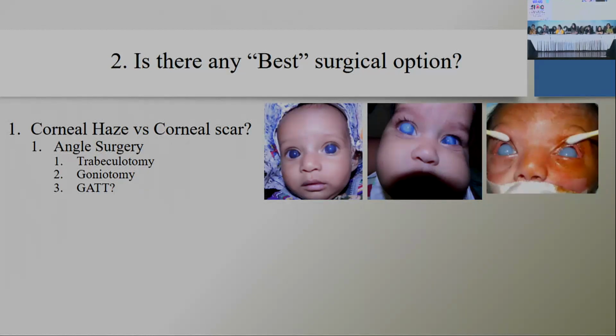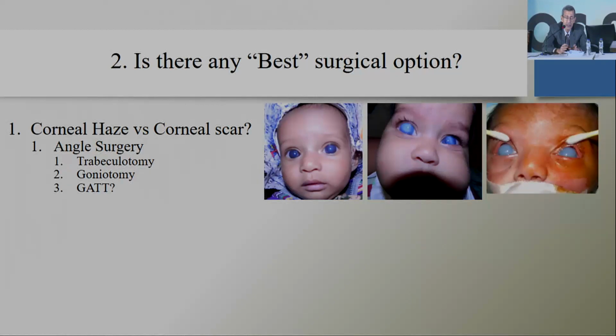Alternative technique, trabeculotomy ab externo, and probably the way we have learned from Professor Sood, our mentor, combining trabeculotomy with trabeculectomy is the option. In the milder form of the disease, where corneal clarity permits you to do angle surgery, definitely there is no problem. Alternative to that is probably trabeculotomy ab externo in isolation.